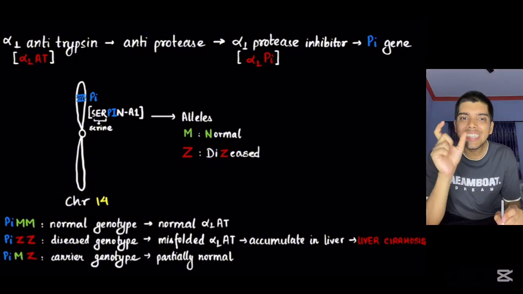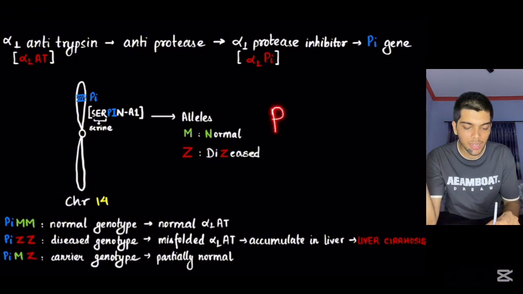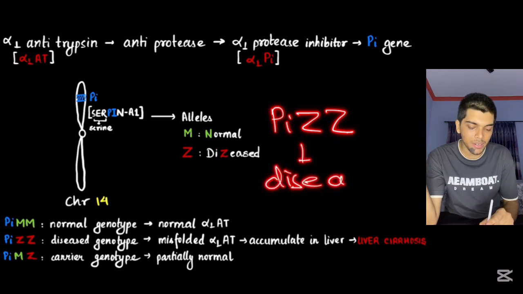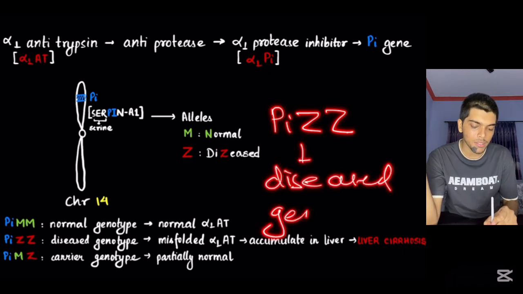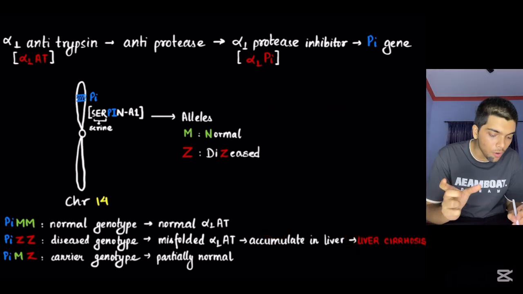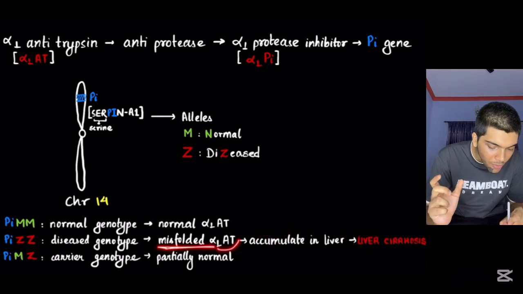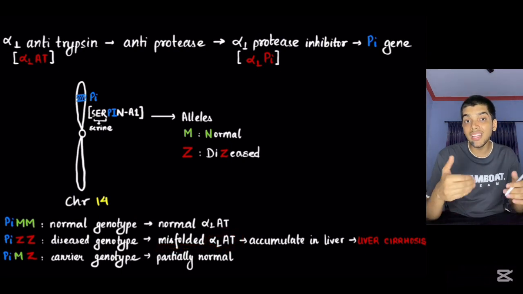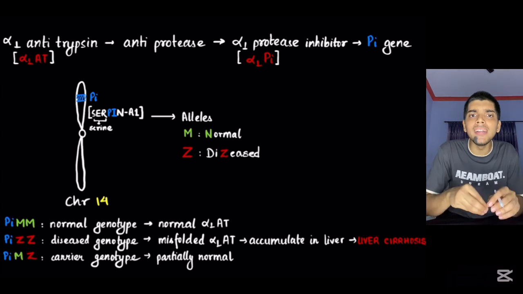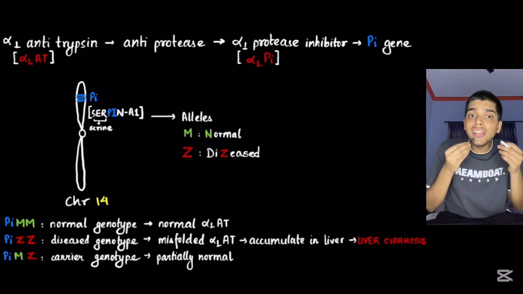When you have the diseased allelic pair, protease inhibitor ZZ, the diseased genotype, there is production of misfolded alpha-1 antitrypsin in the liver. And the accumulation of misfolded alpha-1 antitrypsin in the liver causes liver cirrhosis.